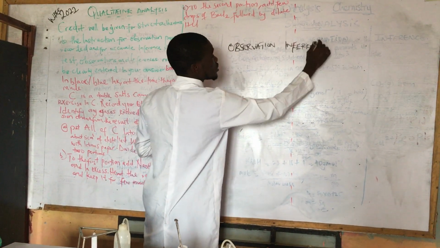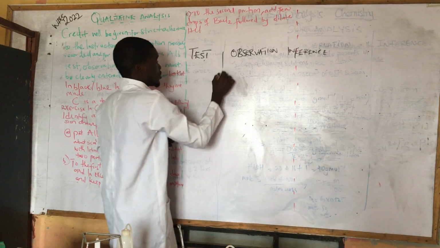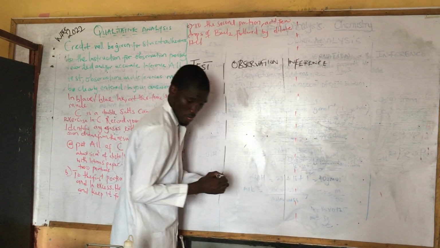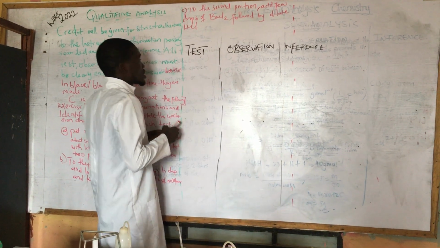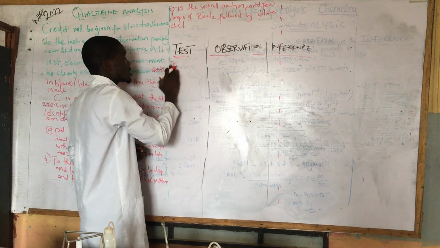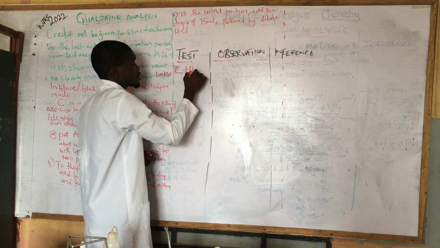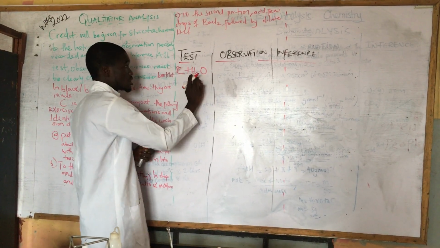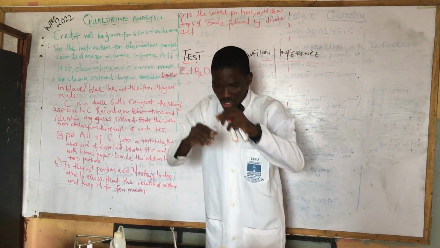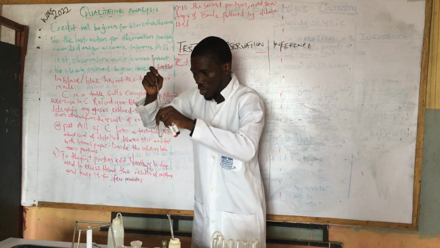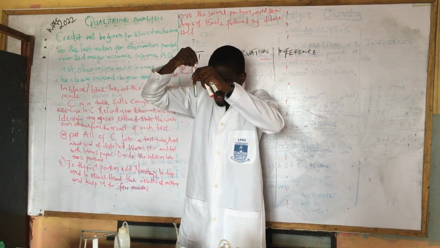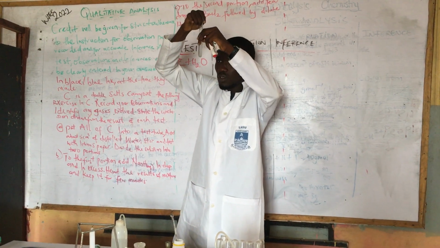So we have sample C, or let's say C plus distilled water. When you stir, you can see that the C will dissolve.